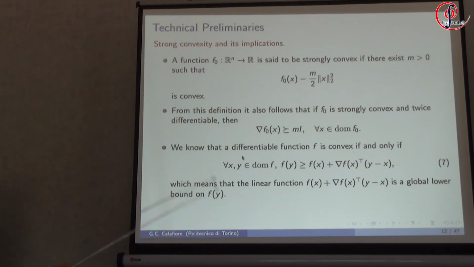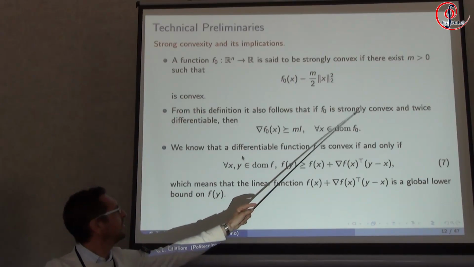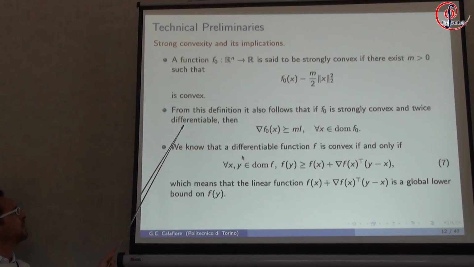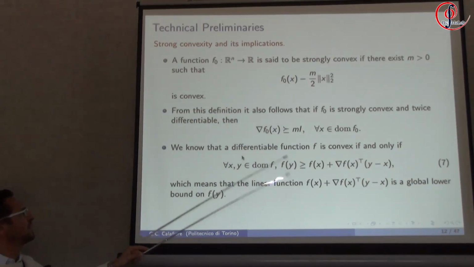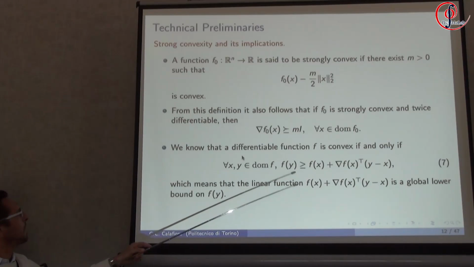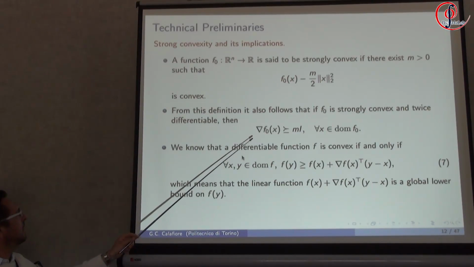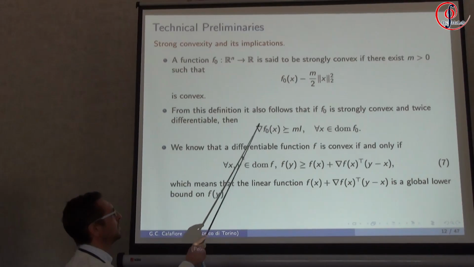So from this definition, it follows that if f0 is strongly convex and twice differentiable, so if I take now the second derivative of this function, then it follows that... I think that here there is an error. So this should be squared.